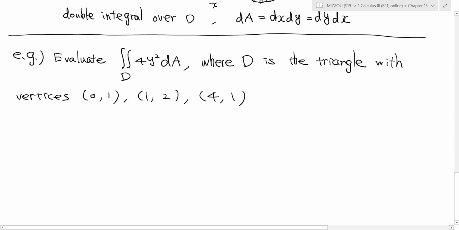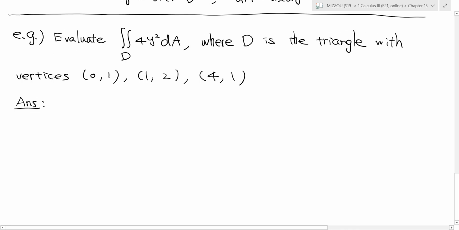First of all, for most double integral problems, I would say it's almost impossible to do the calculation without writing down an almost precise picture of the region you integrate over. So let's draw the triangle on the xy plane. X, y, and then 1, 0 is here. I'm sorry, 0, 1 is here.